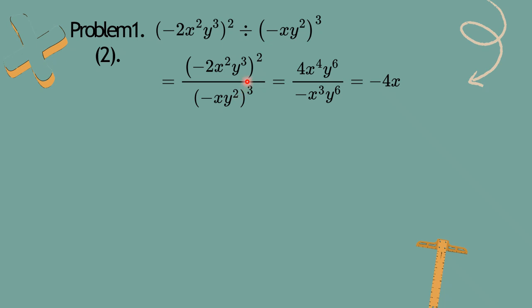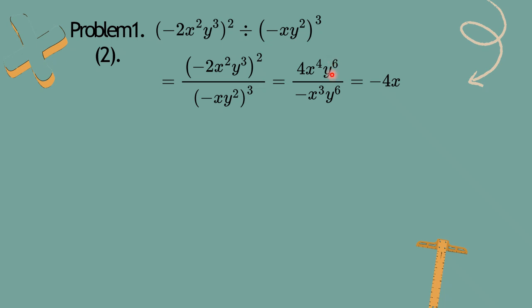According to the properties of exponents, minus 2 squared becomes 4, and x squared becomes x to the power of 4, and y to the power of 3 multiplied by 2 becomes y to the power of 6.